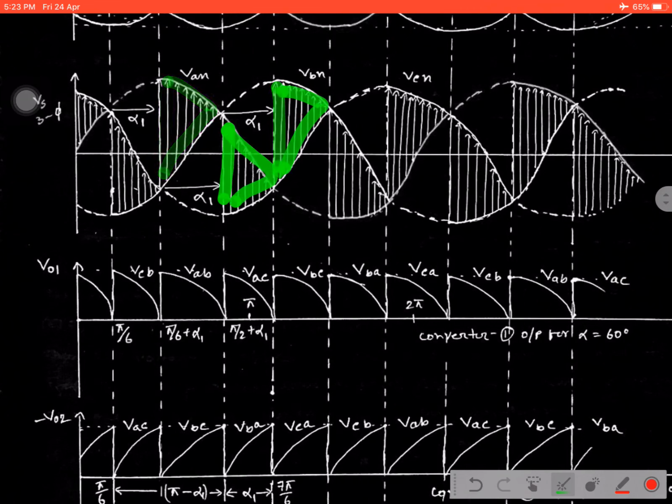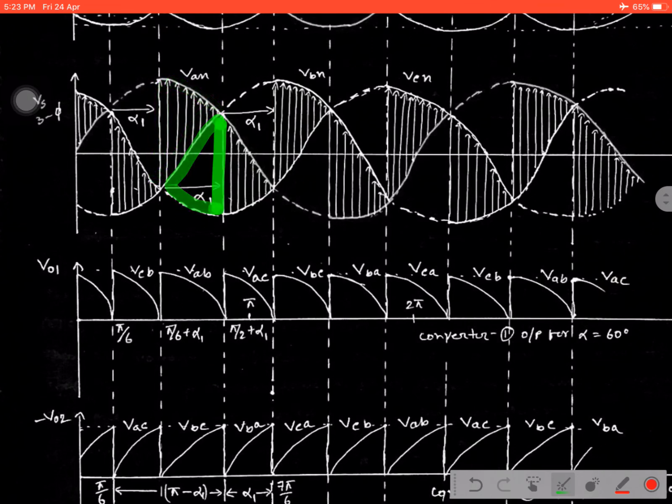But we never mention the blank part which is not defined by the arrows; that will be applicable for the second converter, as they are back to back connected. When you apply the triggering pulses for both, they develop voltage in reverse direction. That is why if the first converter is working for the arrows, the second will obviously work for the non-arrow part.